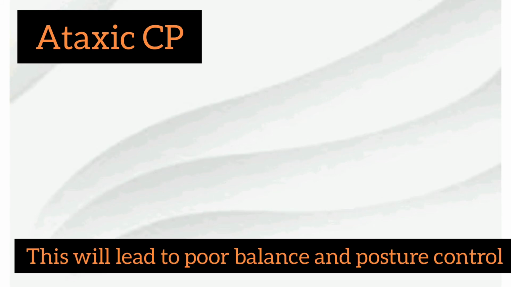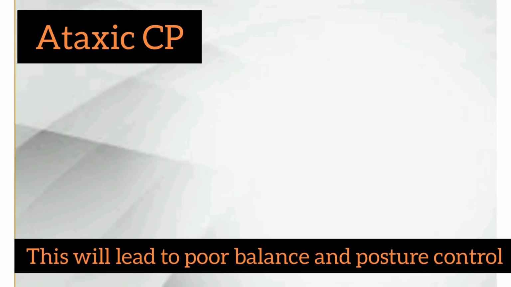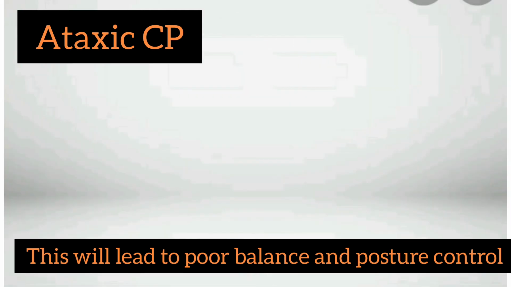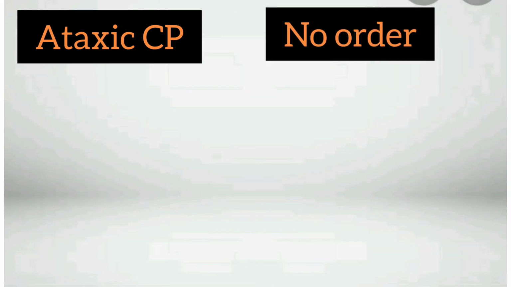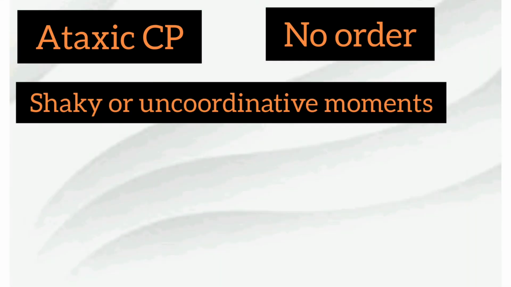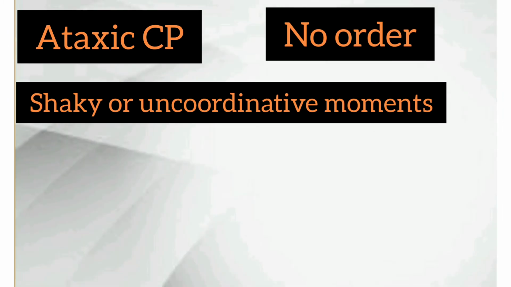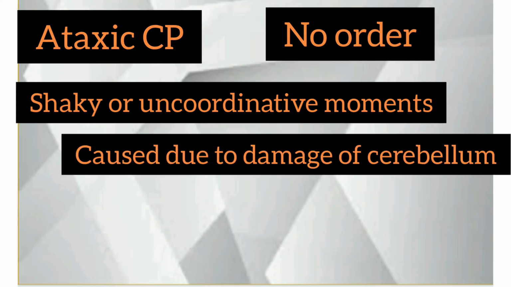Now let us see the third kind of cerebral palsy, which is ataxic cerebral palsy. Ataxic means without any order. So the movements are shaky and uncoordinated in this kind of cerebral palsy. The muscles are uncooperative with the brain. This happens when there is brain damage in the cerebellum.